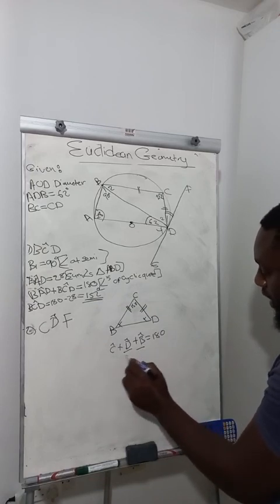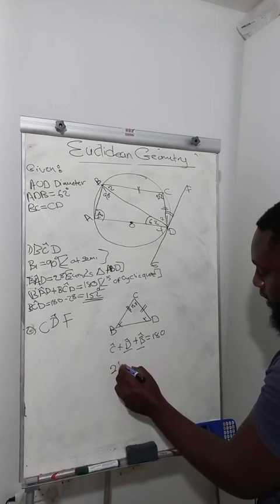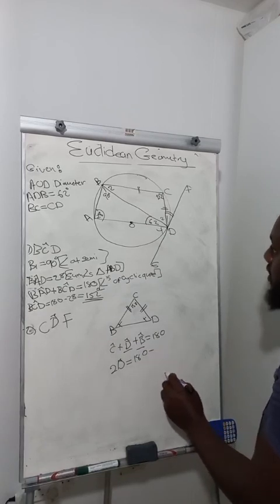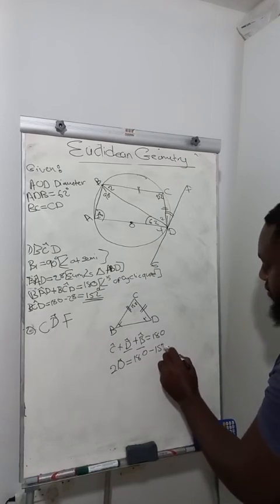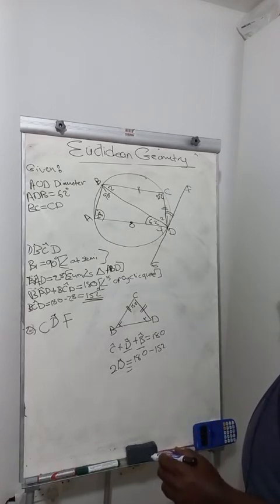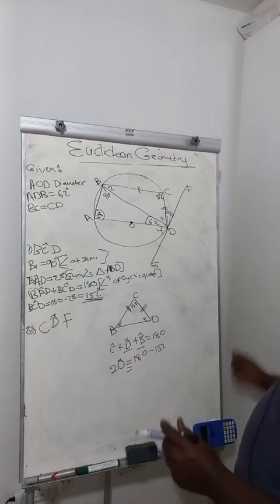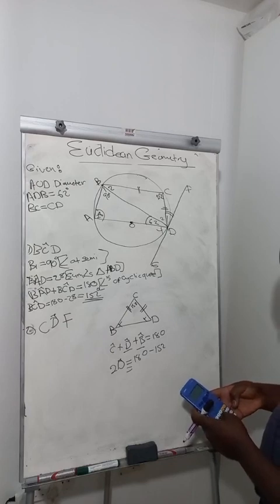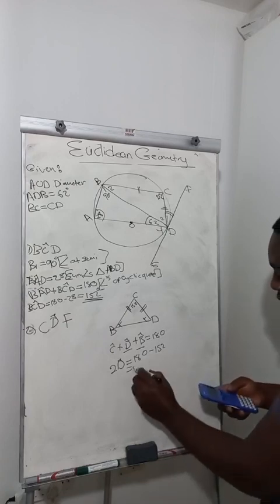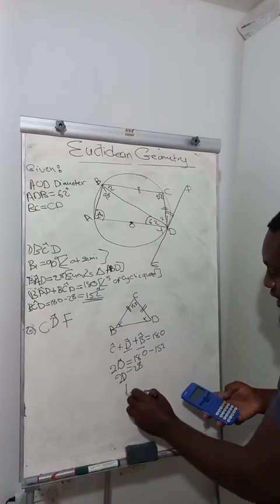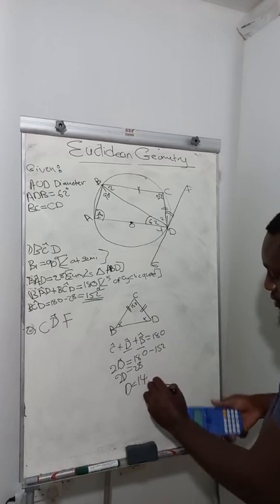D and B are equal, so I can replace with either. I'll write 2D is equal to 180 minus C. What is C? C is just 152. 180 minus 152, we get 28. So 2D is 28, then 28 divided by 2 will just give you 14.